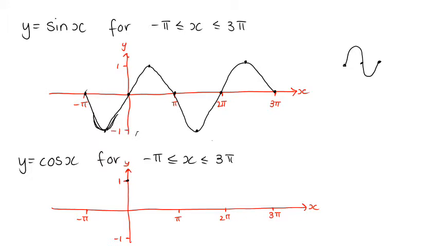Same period, it repeats itself after every 2 pi. So it goes like that, and then starts to repeat itself. So we want it to come back up to this point here. Exactly halfway between this point and this point is the lowest point, so that would be down here.